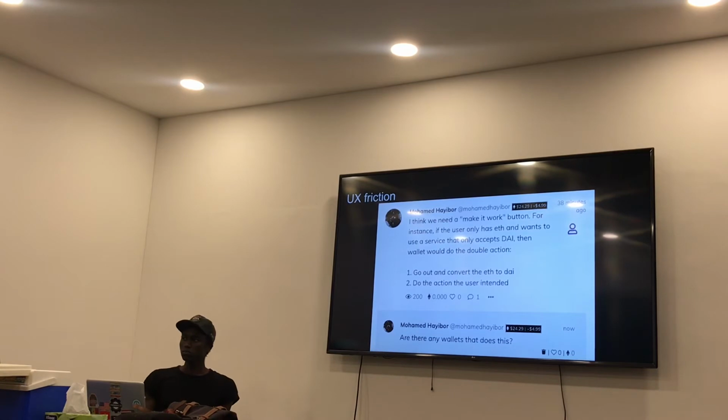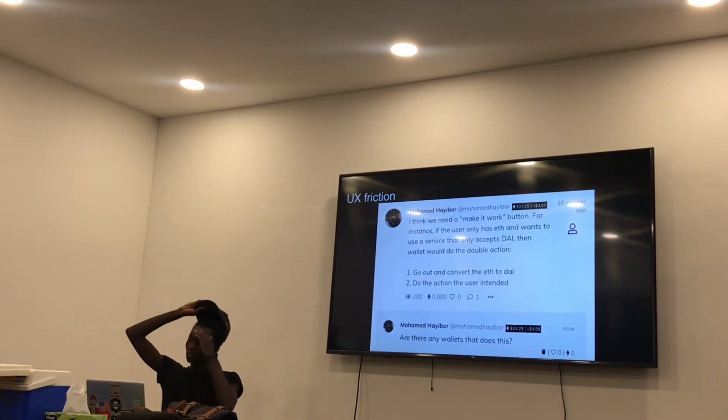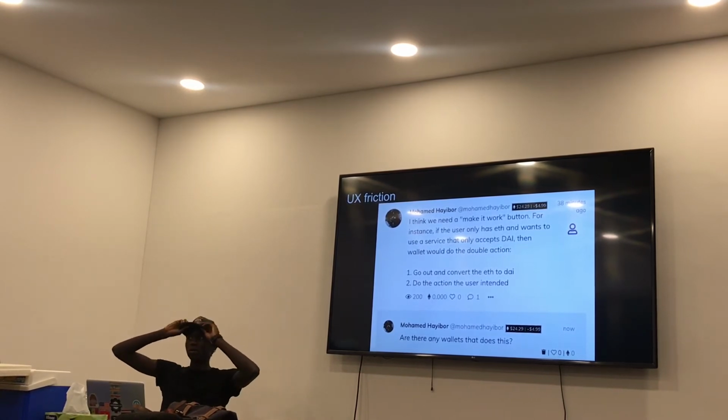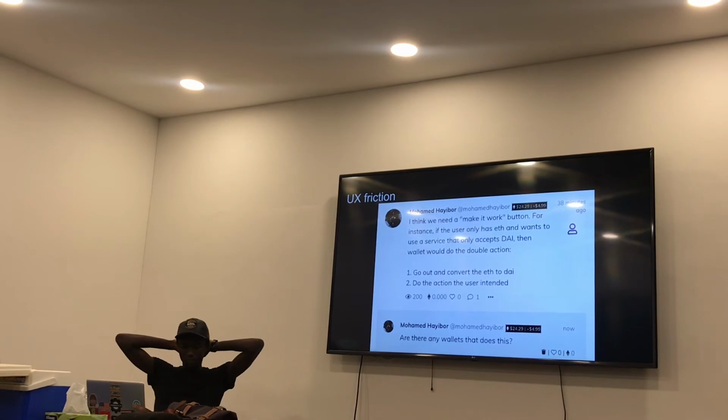No, I think the difference is swapping ETH with DAI and then sending DAI to another contract. These are two actions, right? You want that for security reasons, because the contract can't send your DAI out on your behalf.